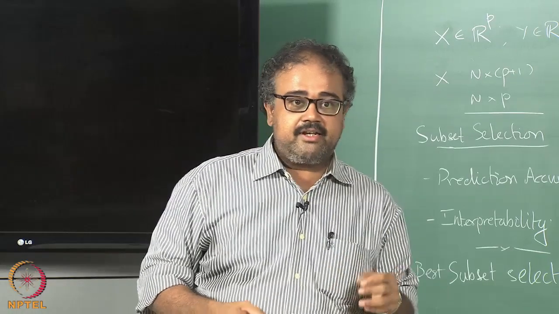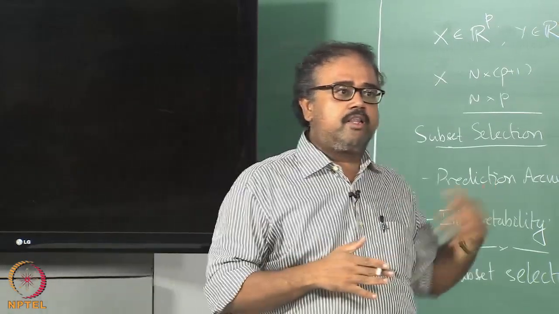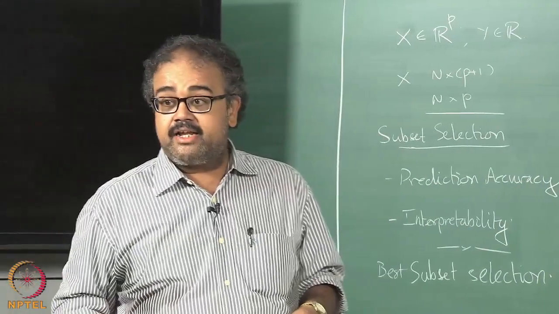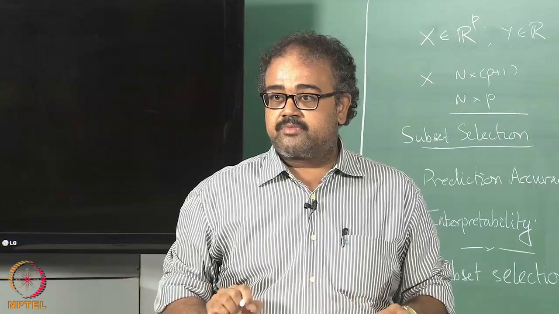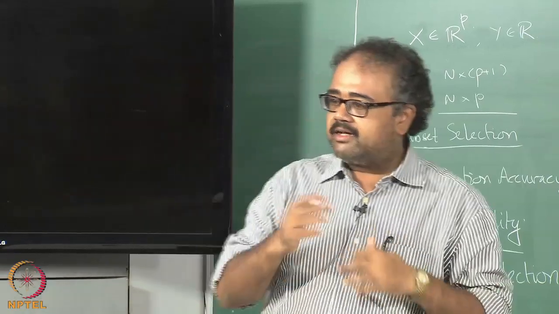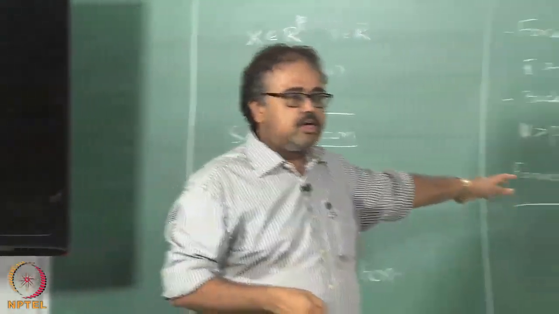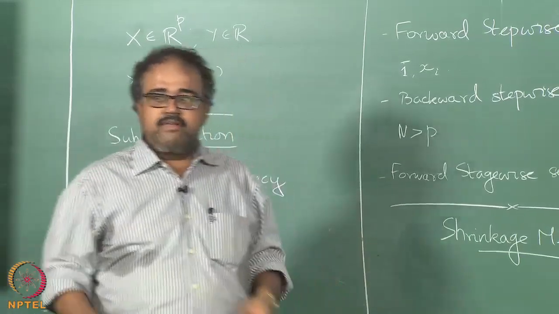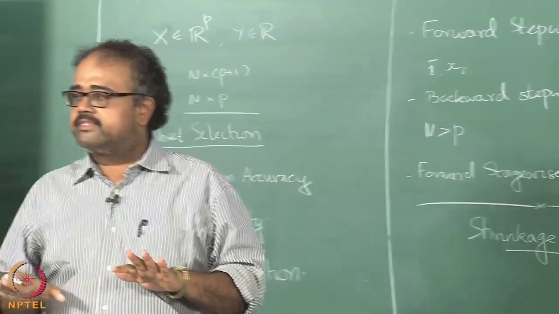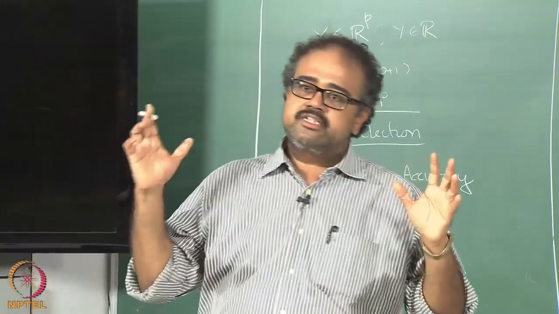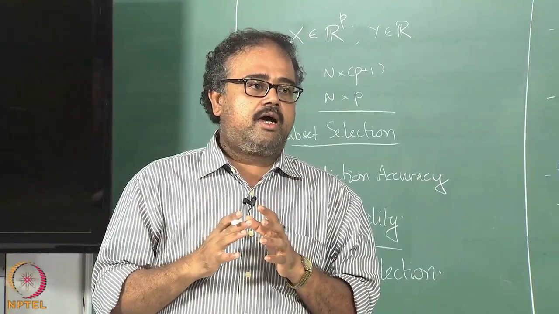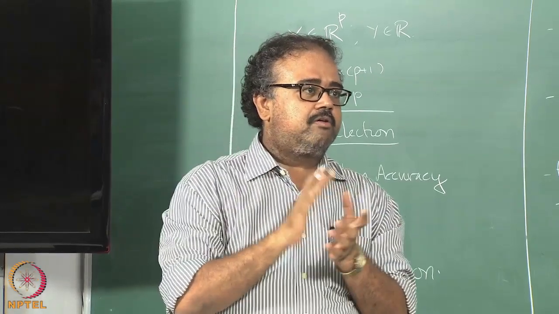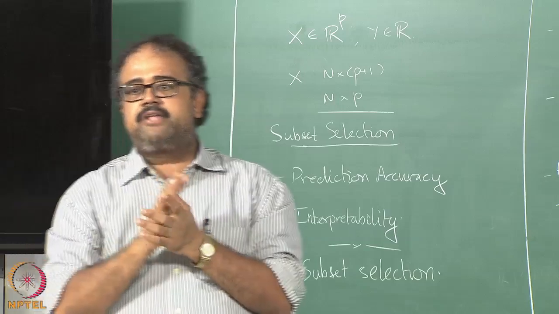In subset selection, all the variables that we did not select, we are setting the coefficients to 0. But instead of doing an arbitrary greedy search or stage wise selection, in shrinkage methods we come up with a proper optimization formulation, which allows us to shrink the unnecessary coordinates. Ideally we would like to shrink them all the way to 0, but there are problems in doing that, but we will try to keep them as small as possible.